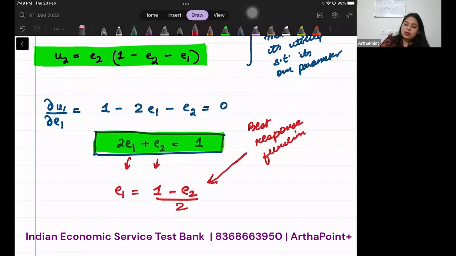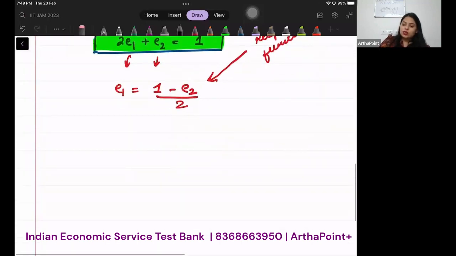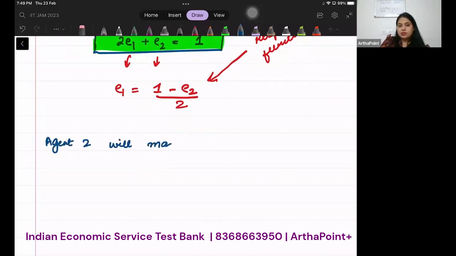Now just think about U2. U2 will be E2 minus E2 square minus E1E2. This is my U2. What will agent 2 do? Agent 2 will maximize its utility subject to its parameters.